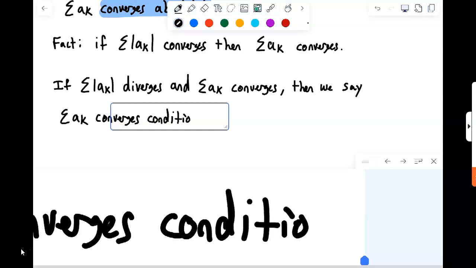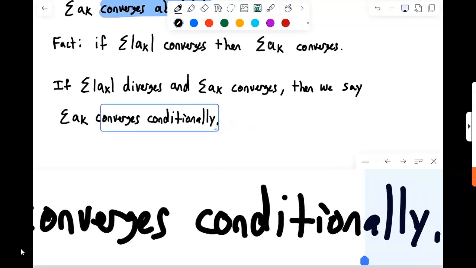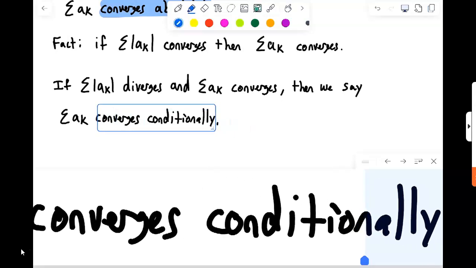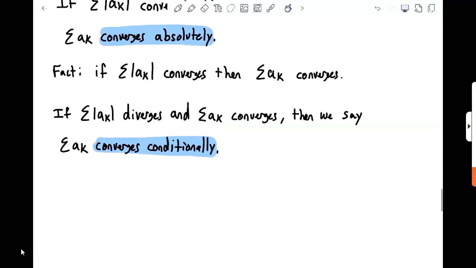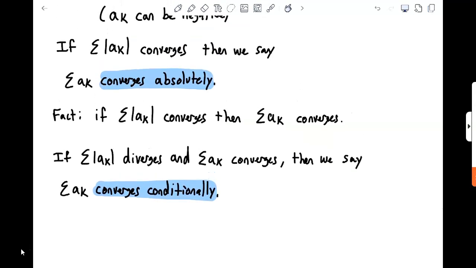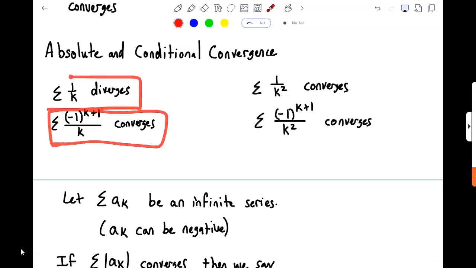It has conditional convergence. We say it converges conditionally. And that's what we're seeing here with our alternating harmonic series. It's converging conditionally, right? Because the underlying sequence, when we drop that sign, diverges.